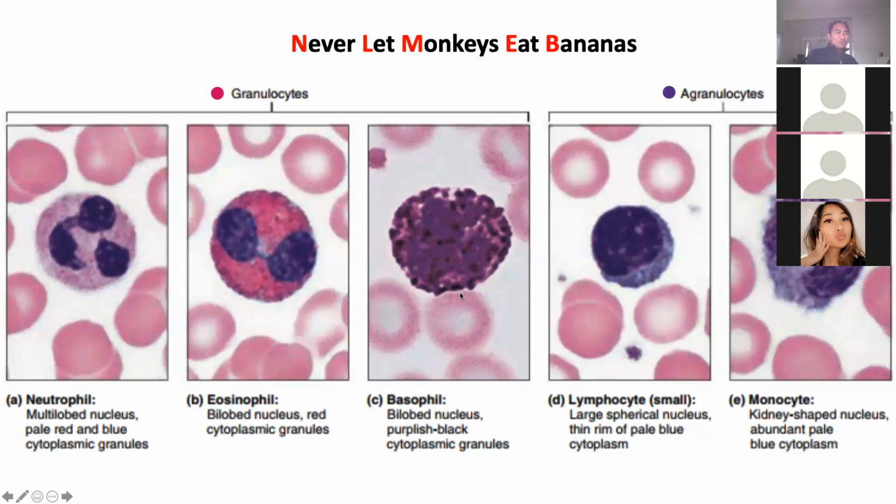Look at the basophil. If you haven't seen a basophil in your blood film, it doesn't matter, because it is less than 1%. Among 100 other cells, you might see 1, or you might not. Maximum is 1%. Look at the nucleus.